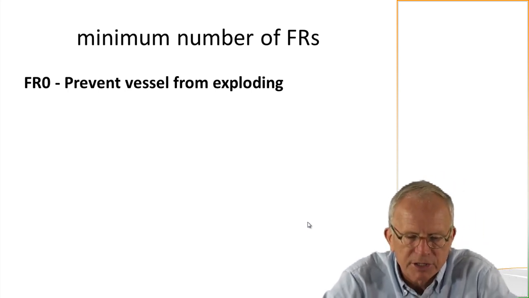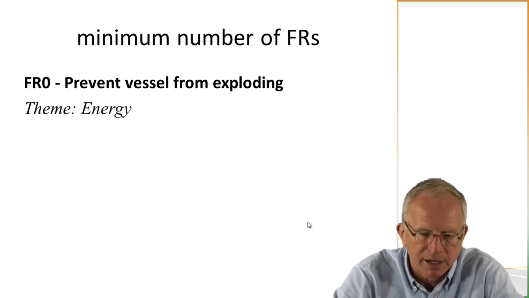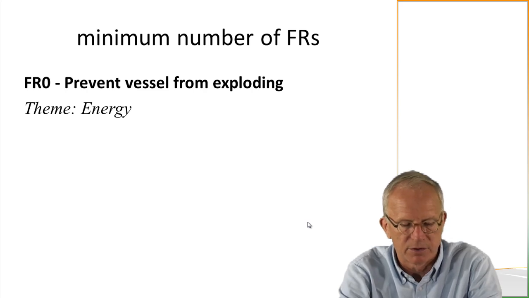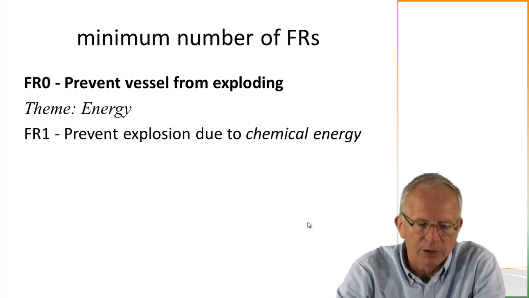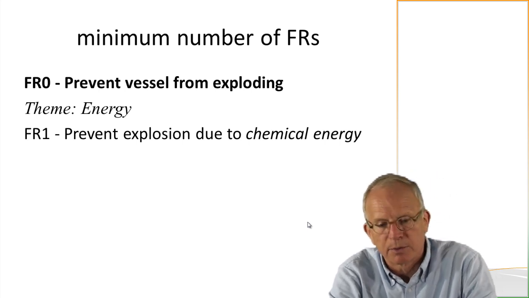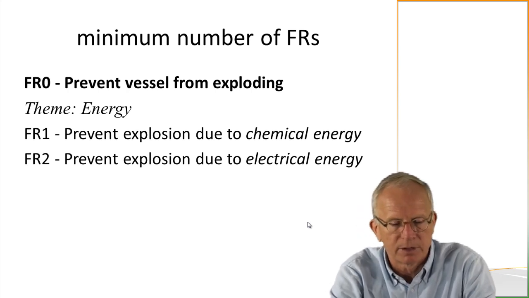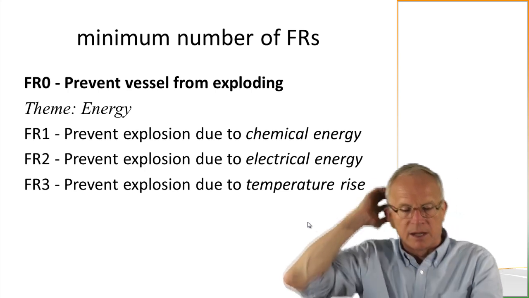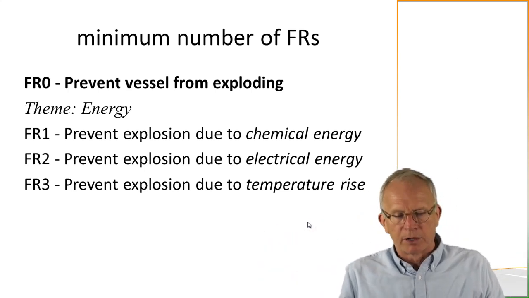Suppose our FR0 is to prevent something from exploding, like a battery that you don't want exploding in your cell phone or in your computer. So the theme could be energy, and we could say, let's prevent it from exploding due to chemical energy, let's prevent it exploding from electrical energy, and let's prevent it from exploding from thermal energy.